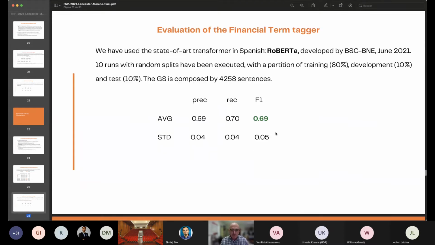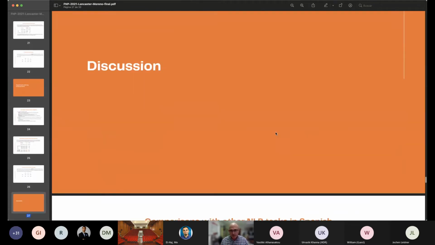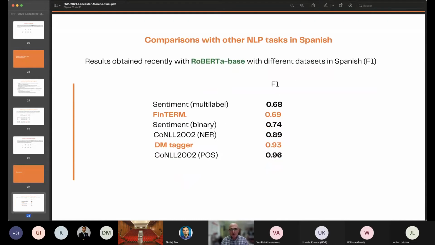So, in order to give an idea of the comparison of the results, and using for all the tasks the same transformer, the RoBERTa-based transformer, which is probably the best currently, with different data sets, we have this.